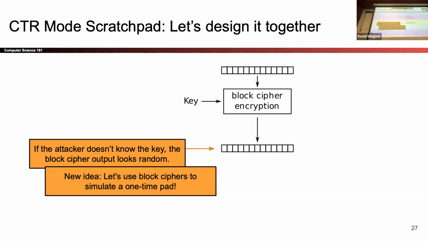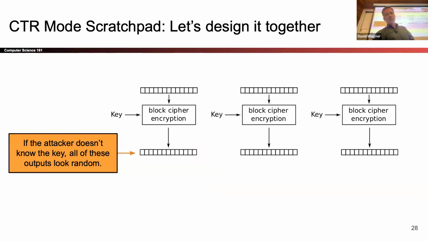Use the block cipher, and keep a counter, so that way we can make it another time pad. That's a very reasonable way, and that's how counter mode works. In counter mode, we encrypt a counter.